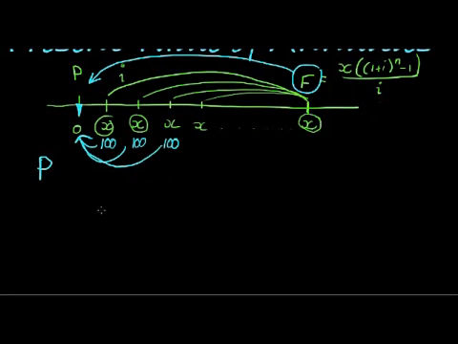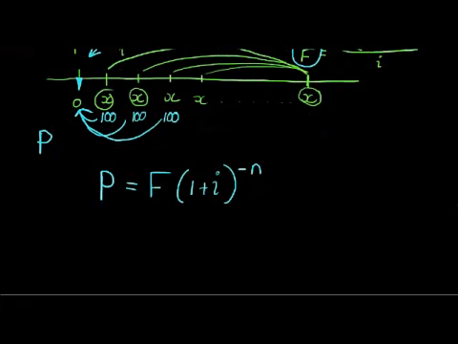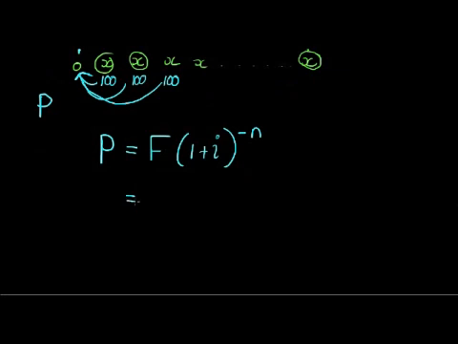If I say the present value is equal to the future value that is discounted. How do we discount again? We take it back with a negative exponent. That's the discounting. We know what the future value formula is, so we just substitute it in.